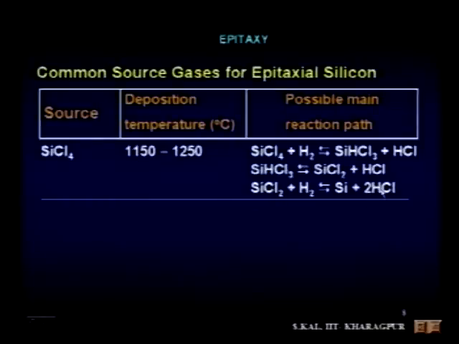And the byproduct gas is HCl, which is also an etching gas. HCl helps etch silicon, because HCl reacts with silicon and forms SiCl4, which is again a gaseous material, silicon tetrachloride.